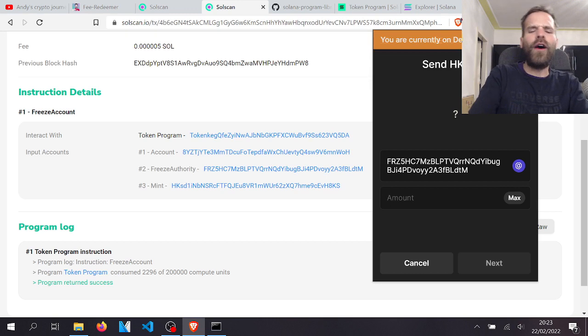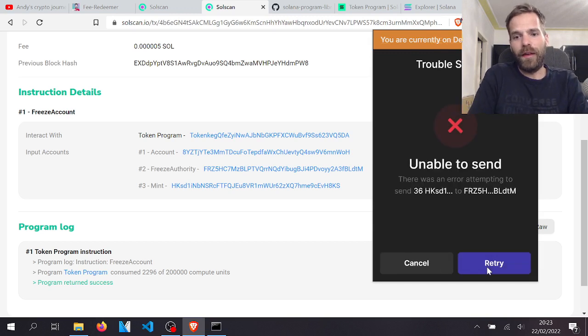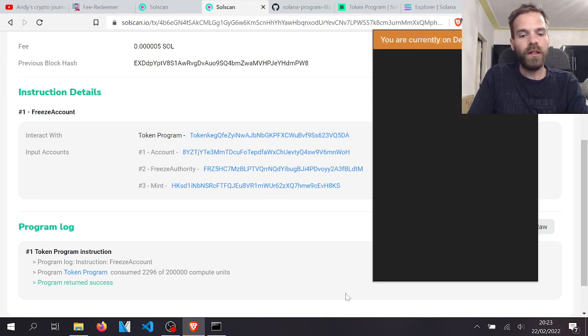And now, okay, I decided I'm gonna be less greedy, give you all my tokens. Here you go, you can have them. What? Trouble sending? There is an error attempting to send 36 of that token to that guy. It just doesn't work. Phantom is not being very helpful here in telling me what exactly is going wrong.